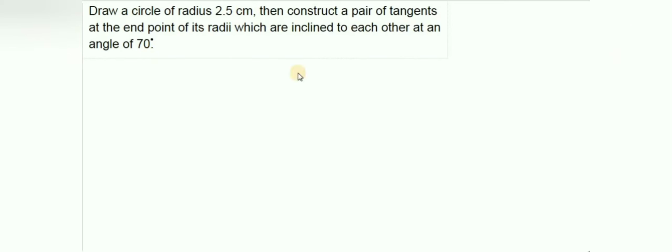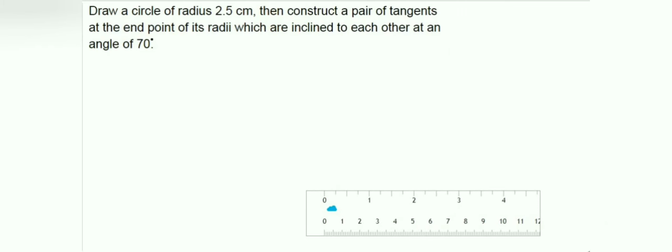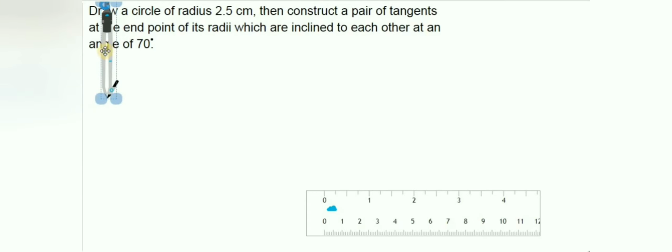This is the question. So let's go for the construction of tangents. I am taking the measurement here. The circle is of radius 2.5 centimeter. Take the measurement here, that is 2.5 centimeter.